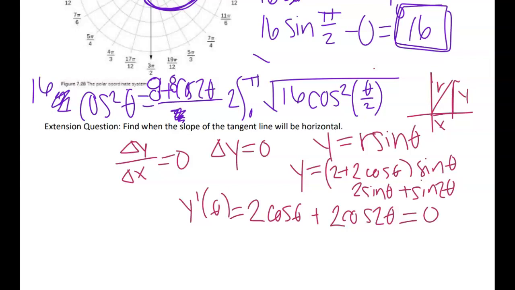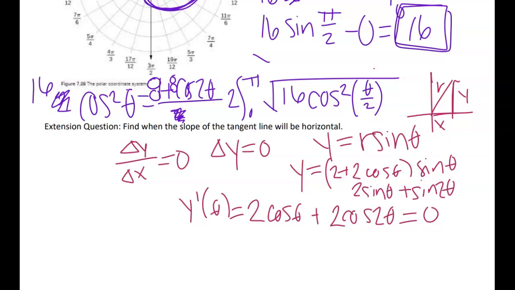I'm going to just use Desmos in order to figure that out. I'm going to do it as y equals x. So y equals 2 cosine of x plus 2 cosine of 2x. And I want to know the zeros.